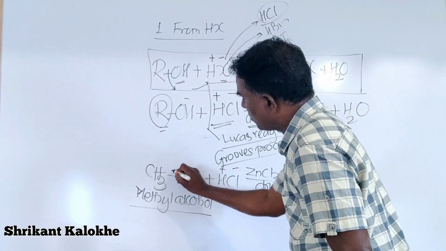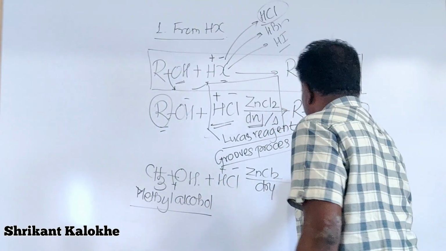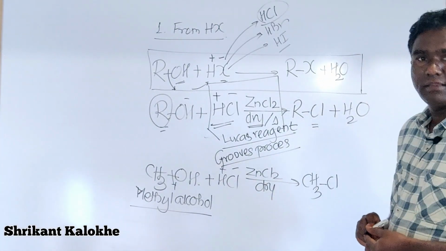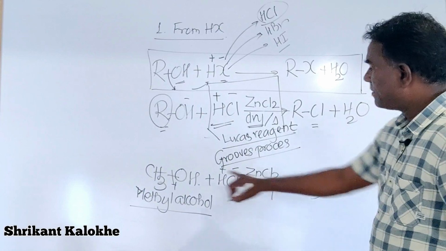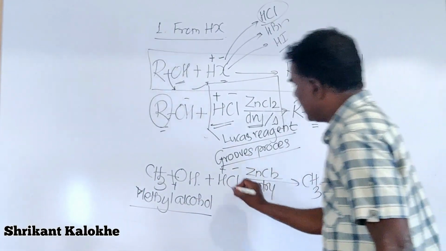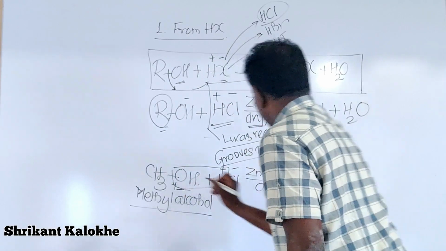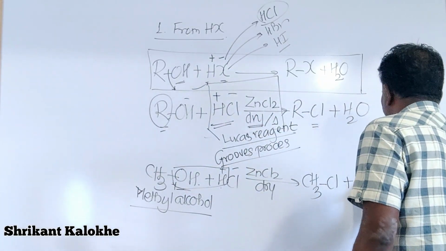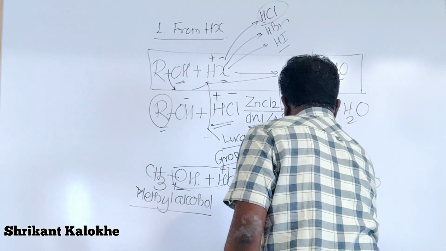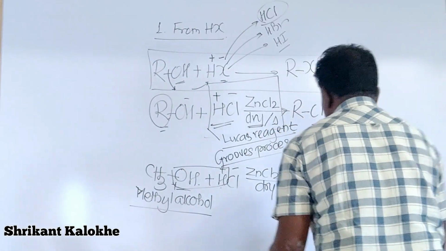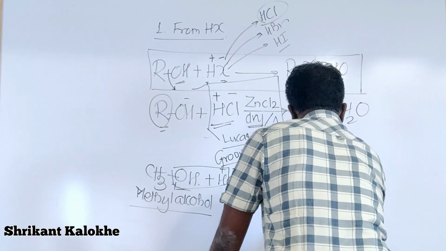This Cl minus replaces this OH minus, and the probable product would be CH3Cl. This H plus combines with the OH to give H2O. So our product is chloromethane, or in common name, methyl chloride.